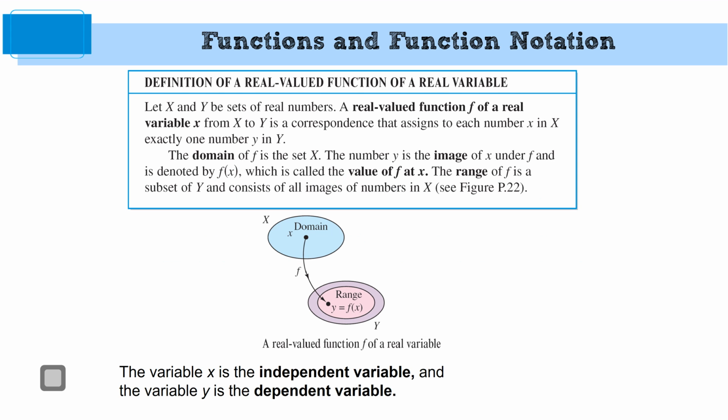Okay, so this first slide you know already, but I want to show you the difference between what we're going to use in our conversations versus what calculus speak uses. So that top paragraph there: let x and y be sets of real numbers, a real-valued function f of the real variable x from X to Y is a correspondence that assigns each number x in X exactly one number y in Y. The domain of f is, okay, got that?